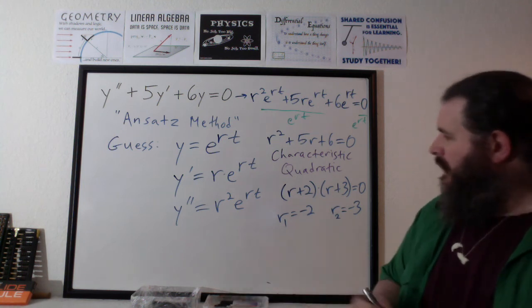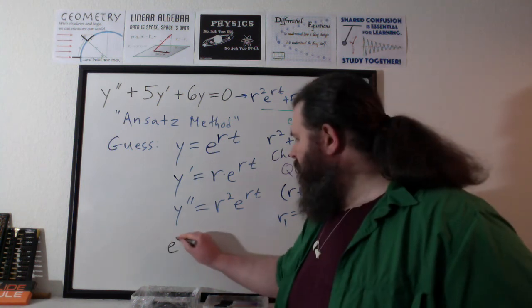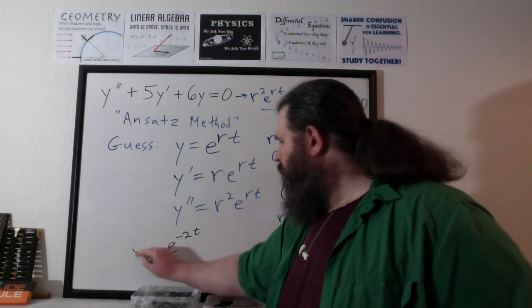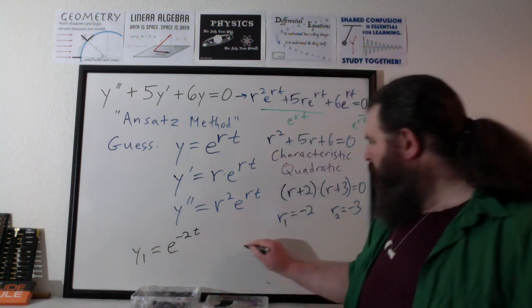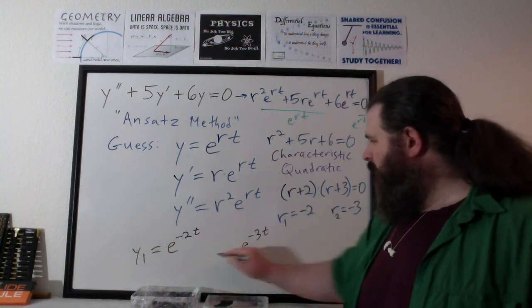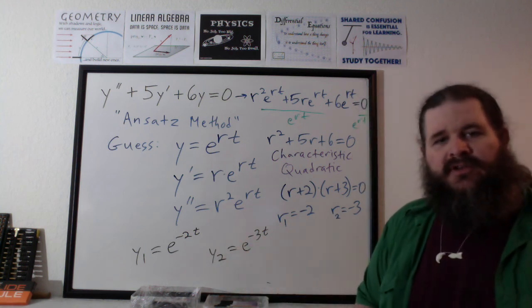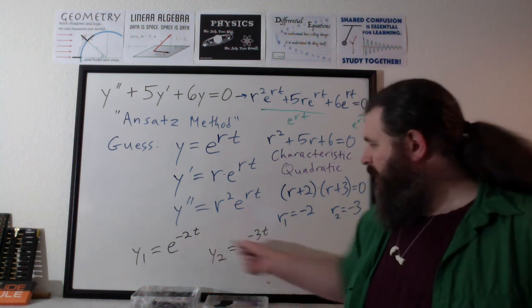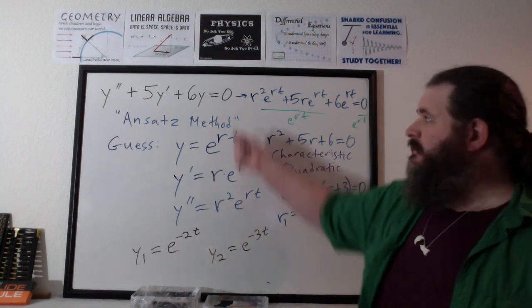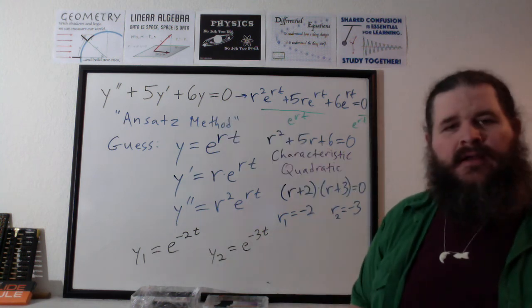So that looks like e to the -2t, let's call that y1, and e to the -3t, we'll call that y2. So we have two different solutions. These are usually called, by the way, a fundamental set of solutions for the original differential equation.